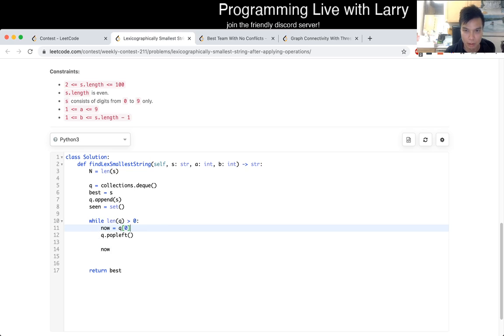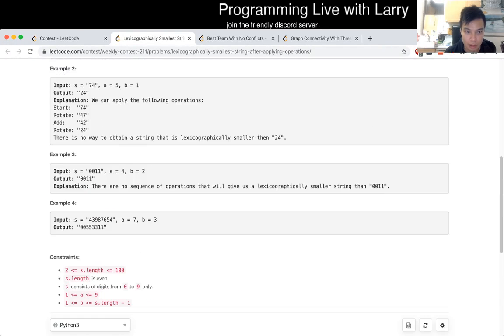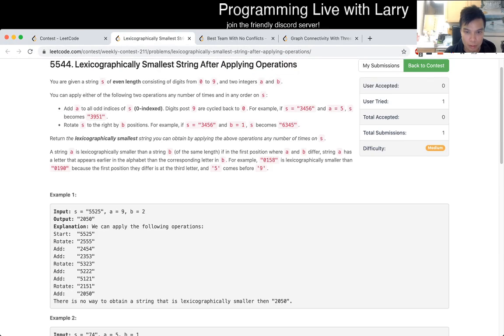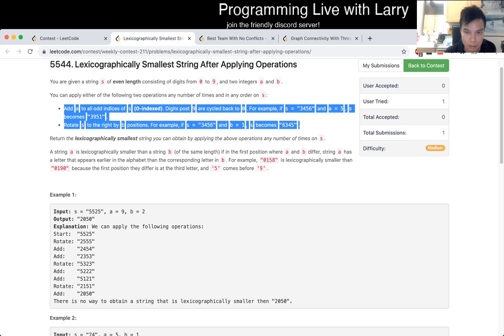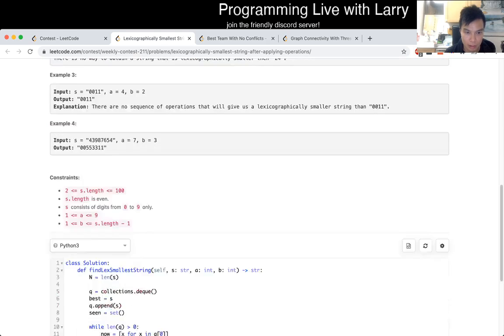Oh, how do I get account? Now we can add A to all the odd index. Okay.